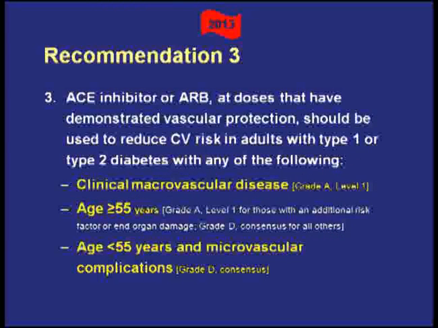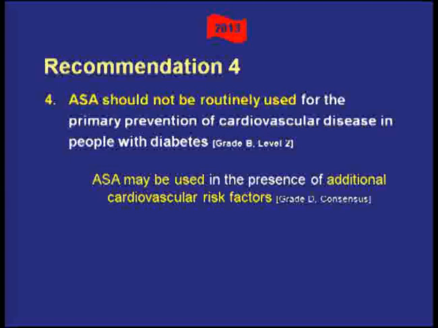Recommendation 3: ACE inhibitors or ARBs at the doses that have demonstrated vascular protection should be used to reduce CV risk in adults with type 1 or type 2 diabetes when any one of the following is present: clinical macrovascular disease, or age above 40 years, and below 40 years as I talked about.